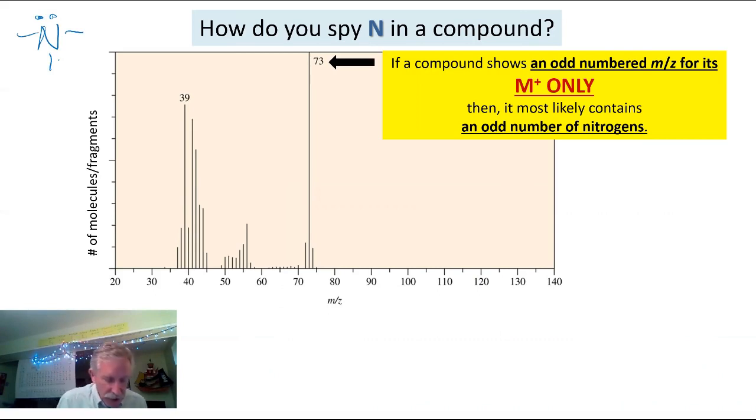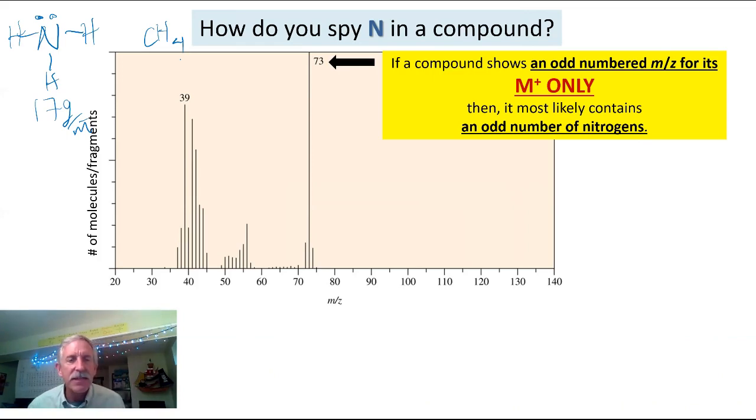And therefore, for example, NH3 has the major isotope of nitrogen, 14, plus 3 hydrogens. The molecular weight of this one is 17 grams per mole, an odd number. But notice if I start making CH4, I replace the nitrogen with a CH, I get a molecular weight of 16 grams per mole. It becomes even.